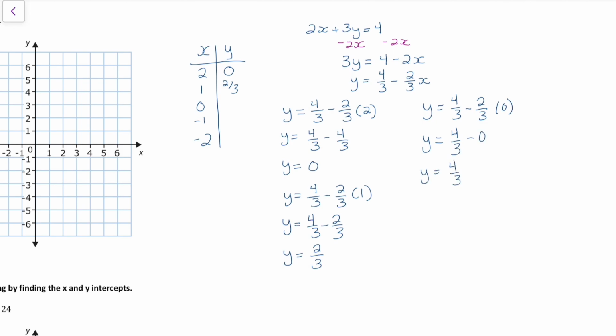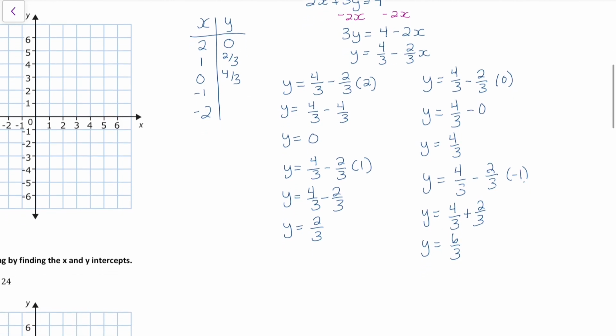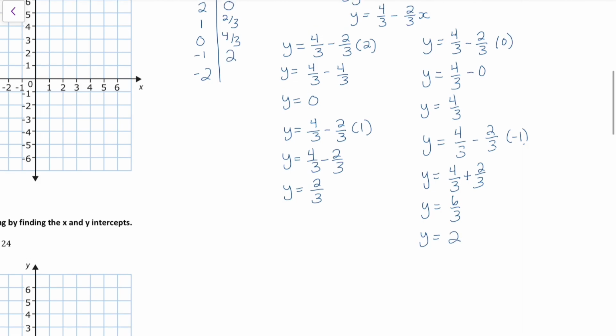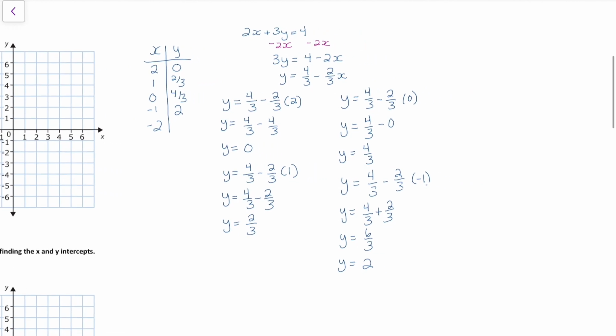That one's not very nice either, so let's keep going with our negative 1. And I end up with y equals 6 over 3, or y equals 2. Okay, so I got 2 nice points, but let's do our last one there just to be sure.